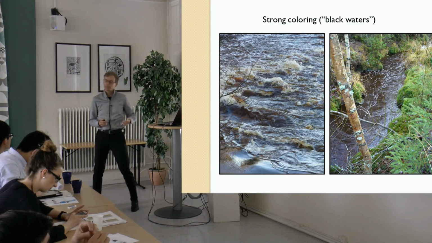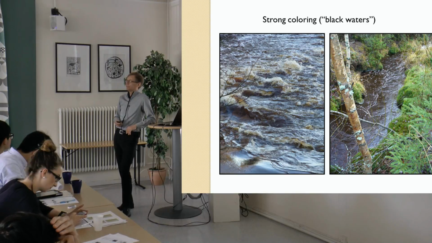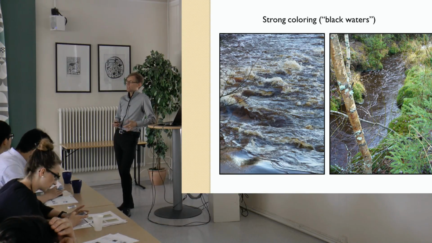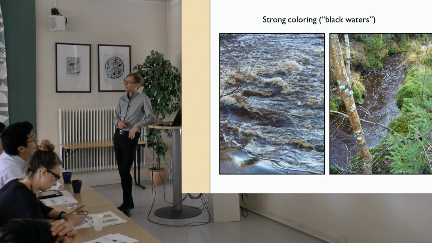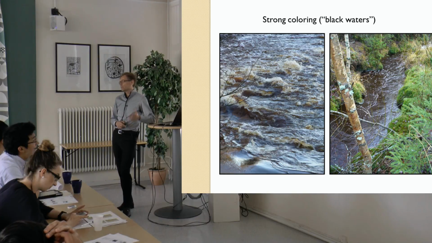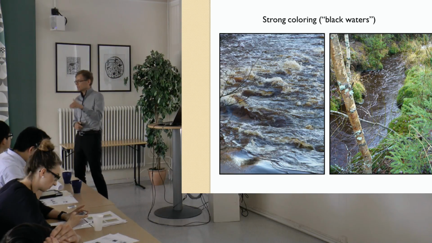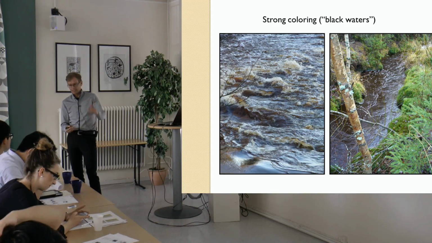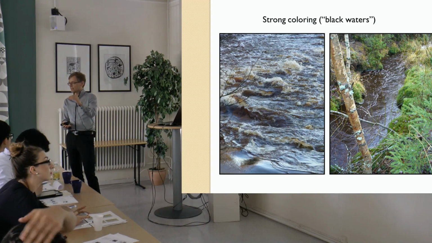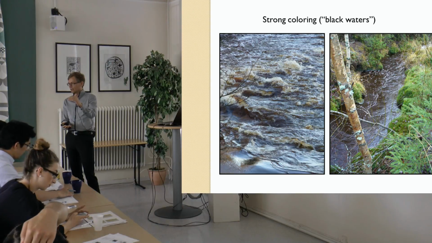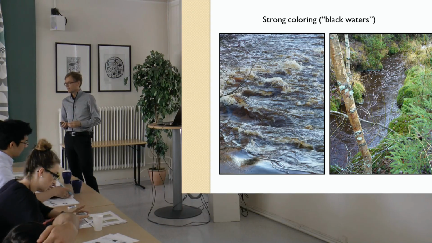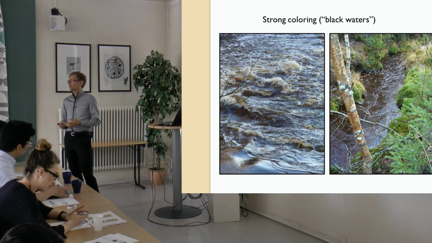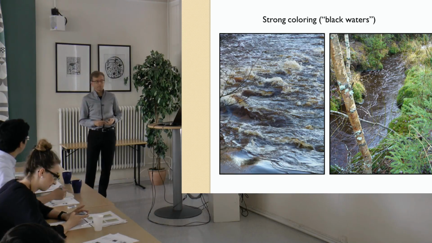And that is quite a typical feature of waters here up in our latitudes. It's colored. It's really brownish, yellowish. They are sometimes called black waters. They are not black, but the visibility through these waters is so low, so you can hardly see anything. Perhaps you can imagine here, you can just see 10-20 centimeters because of the strong coloring. Not all streams, not all lakes are highly colored, but a lot of them are very strongly colored, like this.